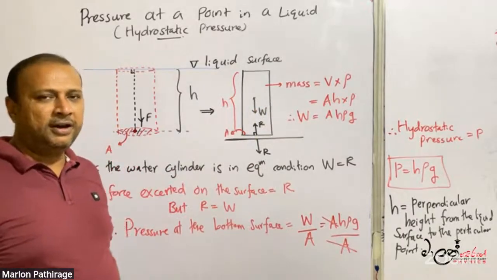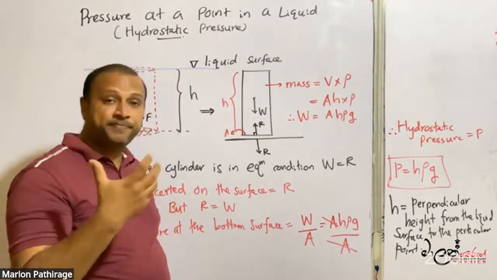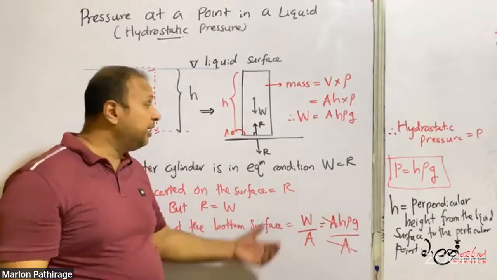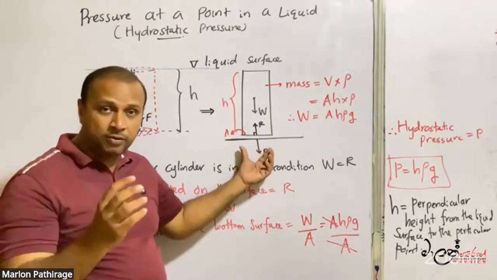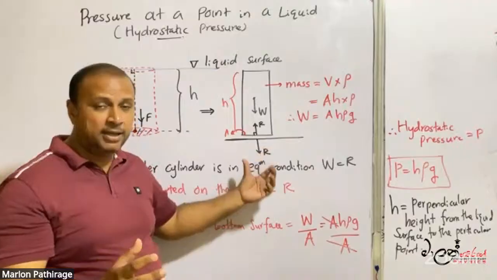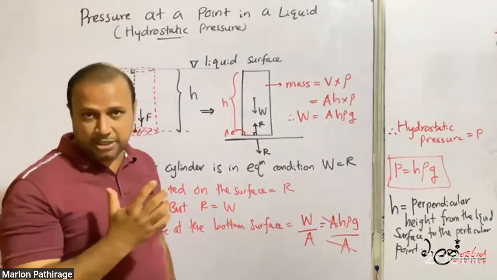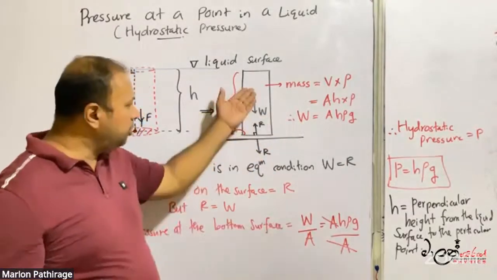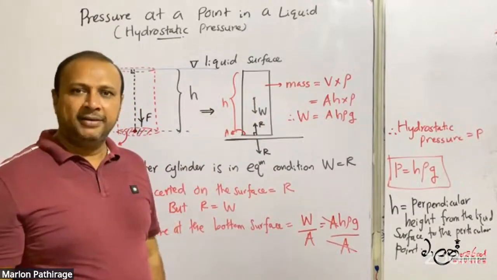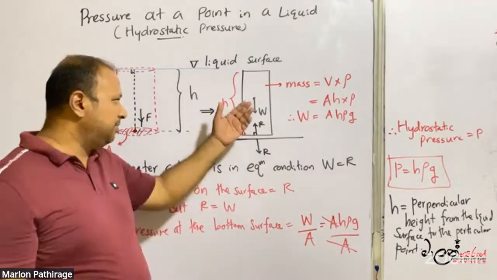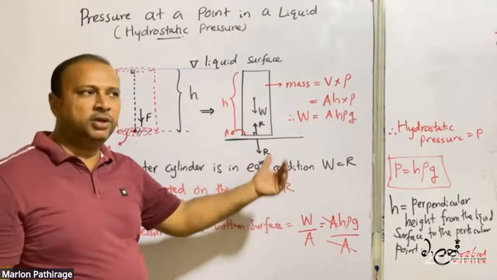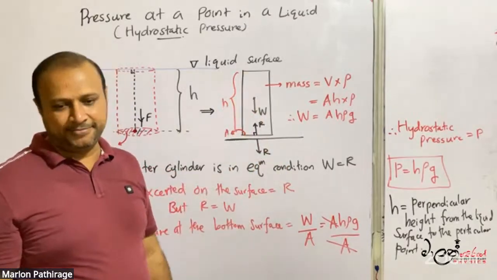Therefore, when you select a geometrical shape, you must be able to calculate its volume. It may be a cylinder, a cube, a cuboid, anything.